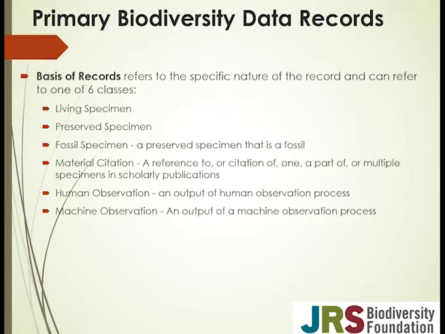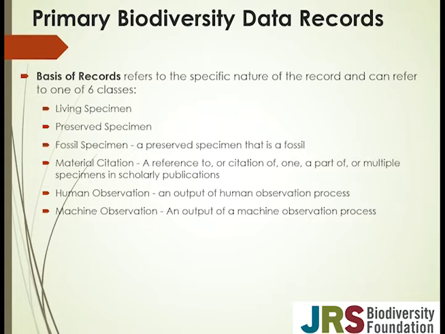You can also have fossil specimen, that is a preserved specimen of a species that no longer exists. You can also have material citation, a reference or a citation of a specimen in the literature, scientific publication, or PhD thesis, or master thesis.